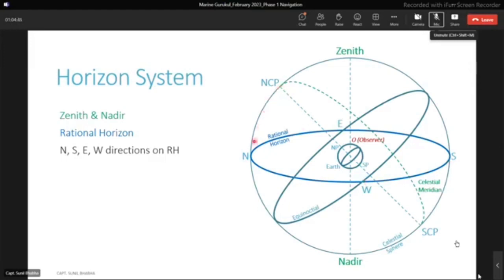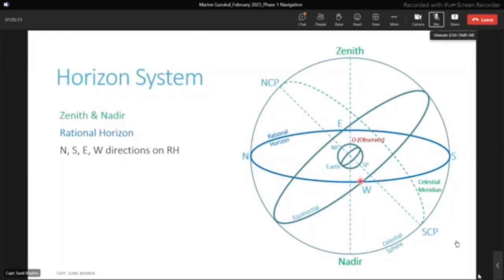Exactly below the North Celestial Pole or the Polaris is the north point, and once you identify the north point, you will be able to identify exactly opposite to it. That point is south. From the north, you go 90 degrees to the right, you will find the easterly point, and from the north, you go 90 degrees to the left, you will find the westerly point.